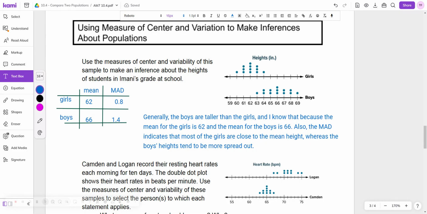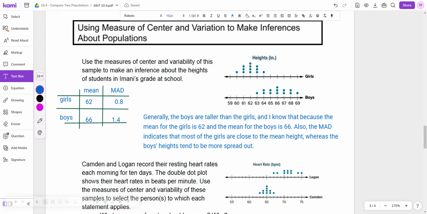Ultimately, I can take that information to make an inference, a generalization. Generally speaking, based on the mean, the boys are taller than the girls. I went on to explain that I know that because the mean for the girls is 62 inches and the mean for the boys is 66 inches, 4 inches bigger. Also, the MAD for the girls is lower than the MAD for the boys, which means most of the girls are closer to that average in height.